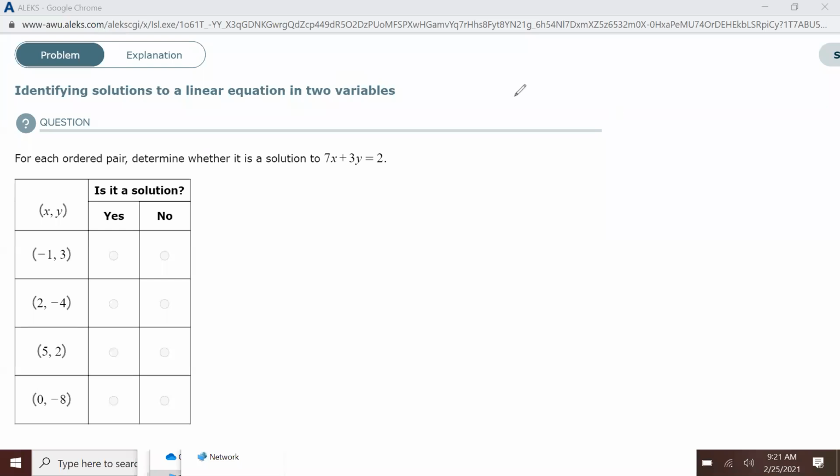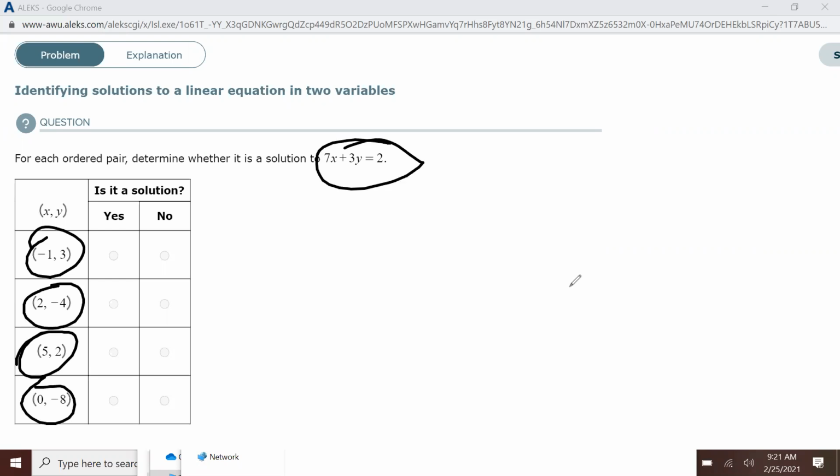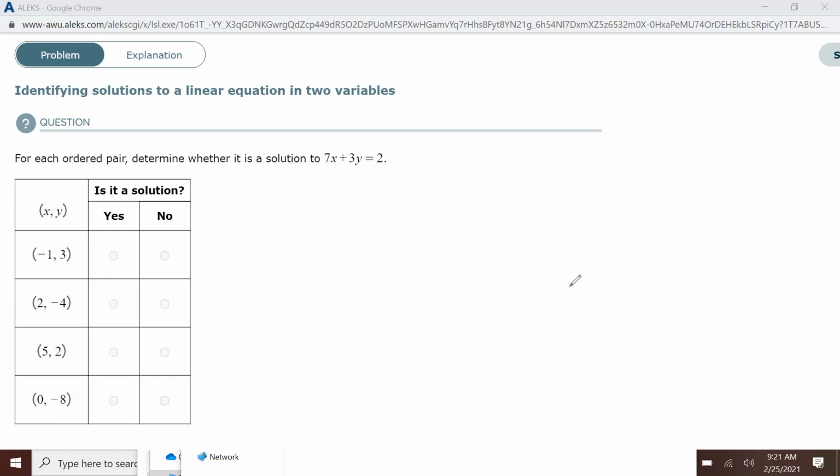On this problem, we are given an equation, and we are to determine which of these points are on the graph of this equation, or in other words, which of those points is a solution for the equation. Let's try out the first one, -1, 3.